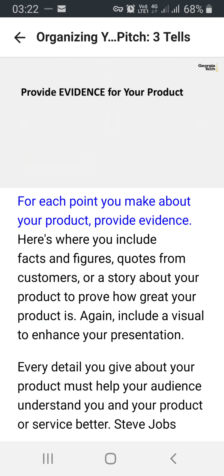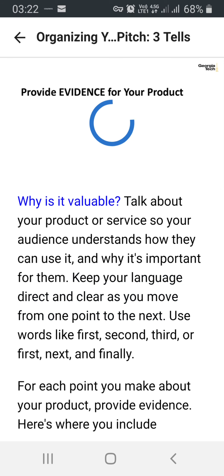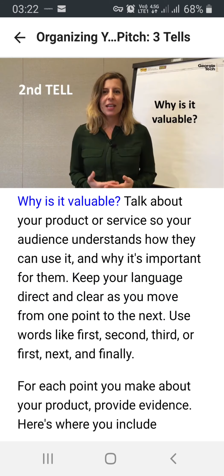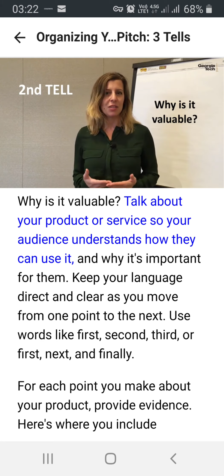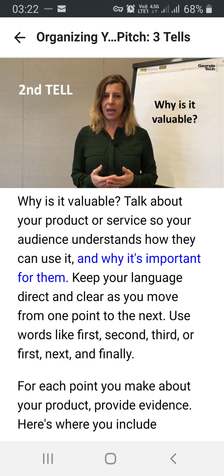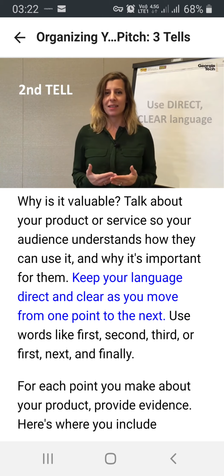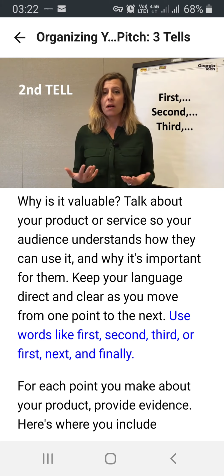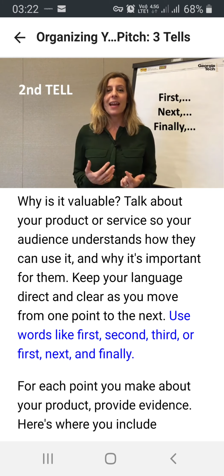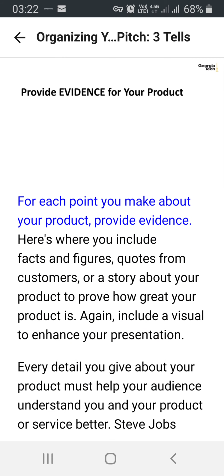For each point you make about your product, provide evidence.